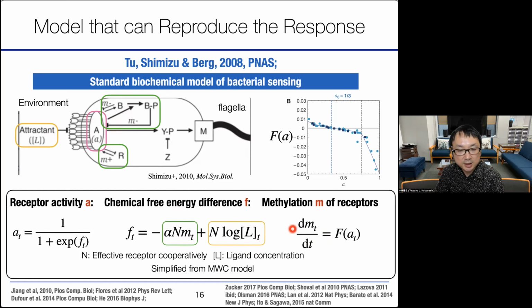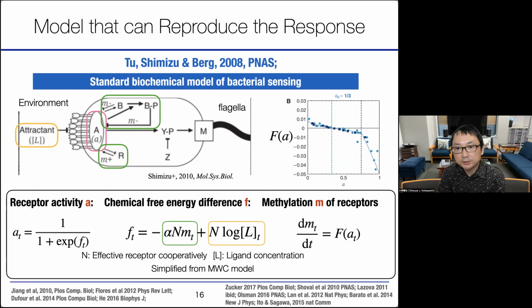This M should change depending on the receptor activity. Unfortunately, from this model, the functional form of this F cannot be derived mathematically, so they used experimental data to fit and experimentally estimate this function F. Because this F is decreasing, it introduces a negative feedback in this system.